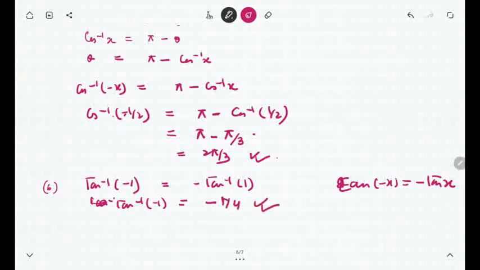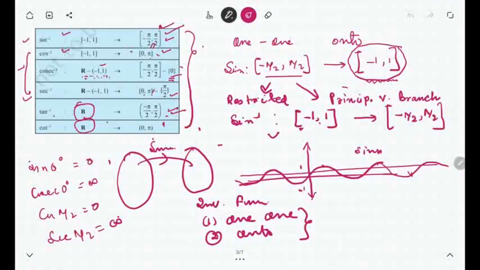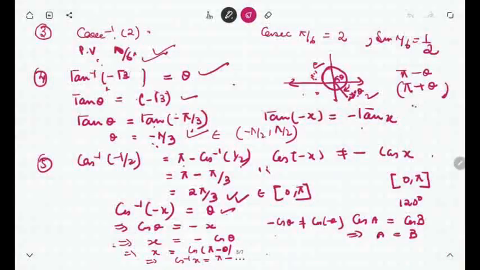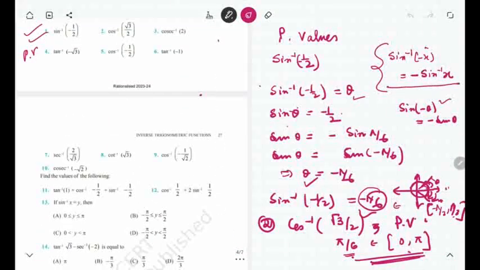Got the value. And this belongs to the open interval minus pi by 2 to pi by 2, which is very important. And we are coming to the next question, sec inverse.